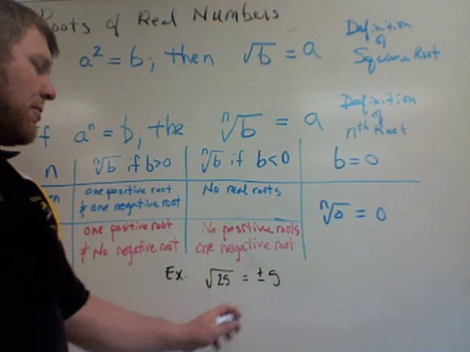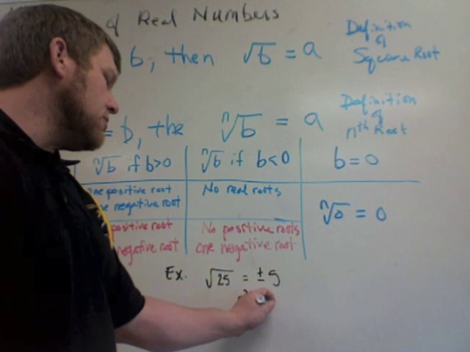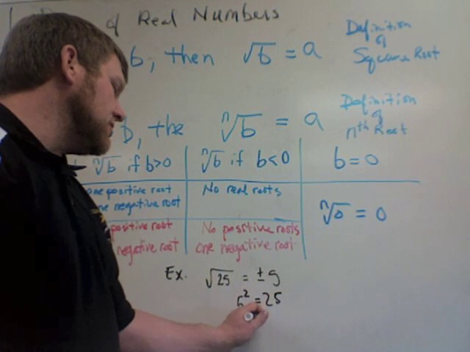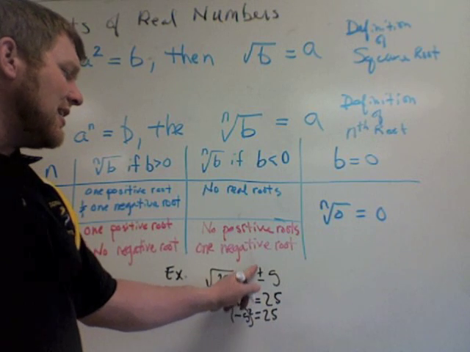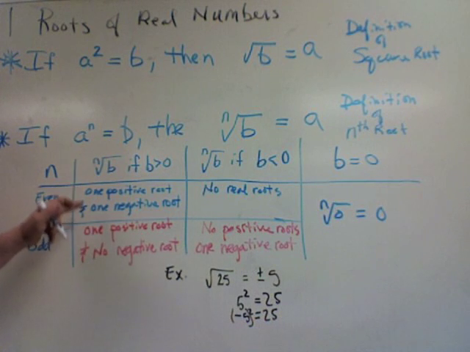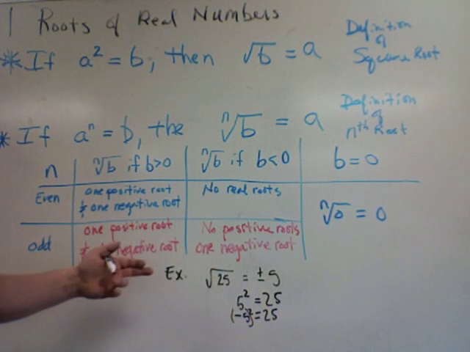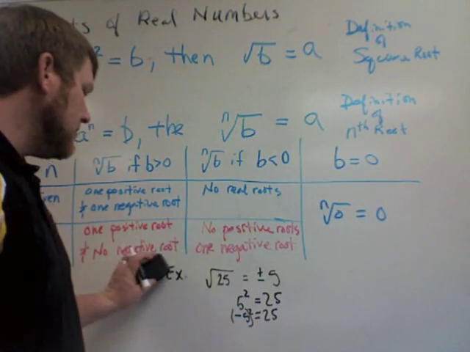Because 5 squared equals 25, and negative 5 squared is also equal to 25. So that's why we have to include both the positive and negative root there. Notice n is even, and 25 is obviously greater than 0. So there's an example.